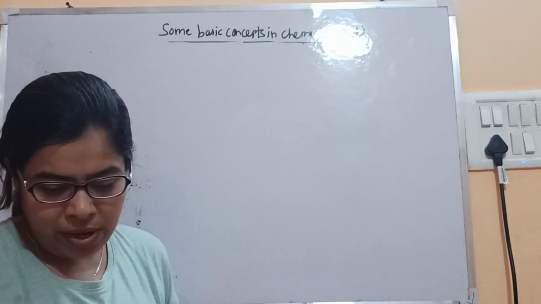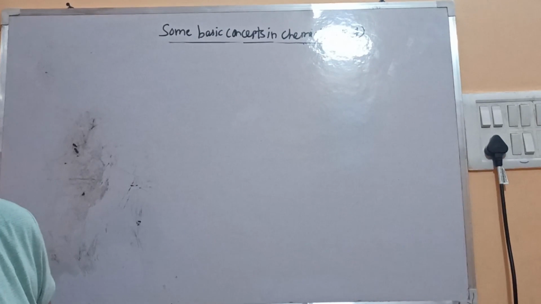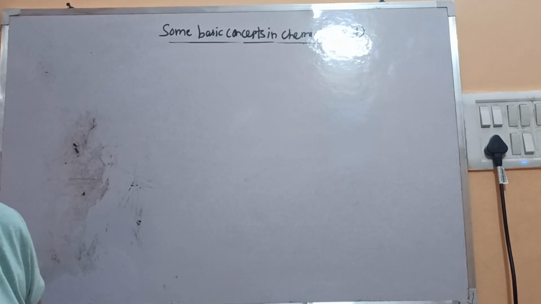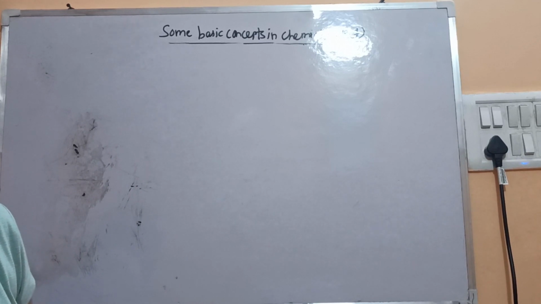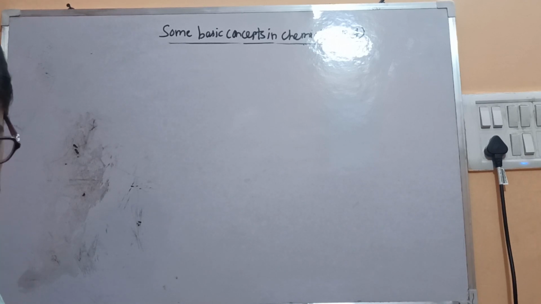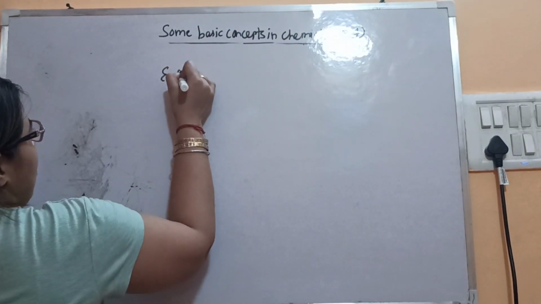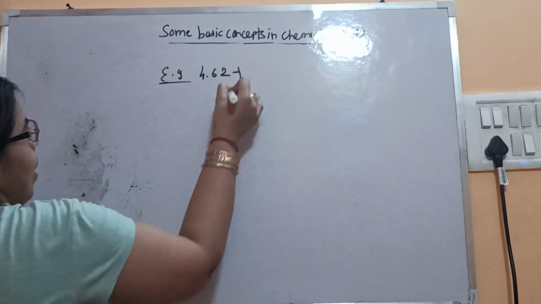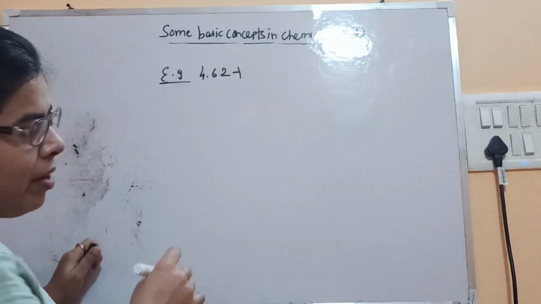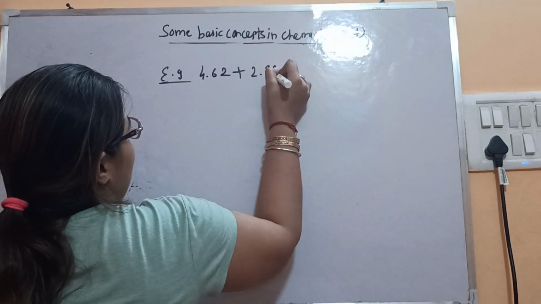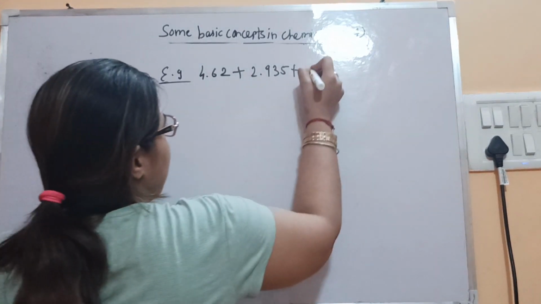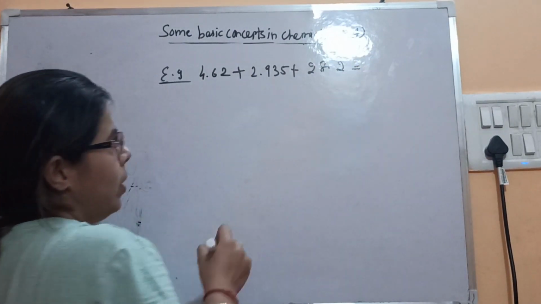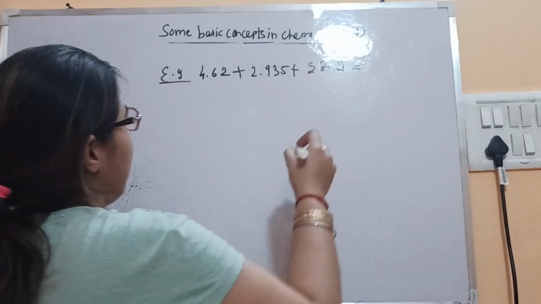Before that, let's see one more example so that it becomes clearer. Add .62 plus 2.935 plus 28.2. So the total is 35.755.